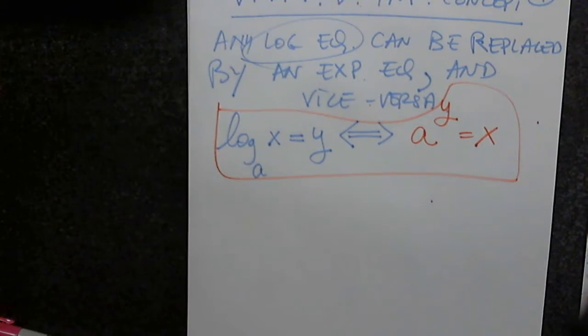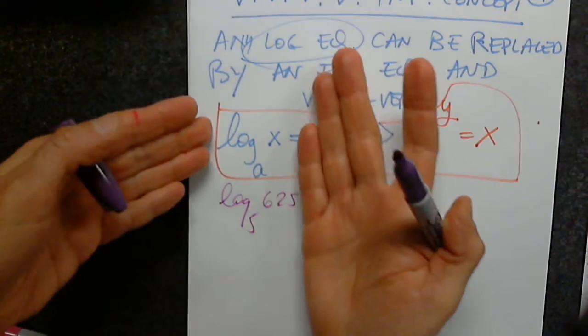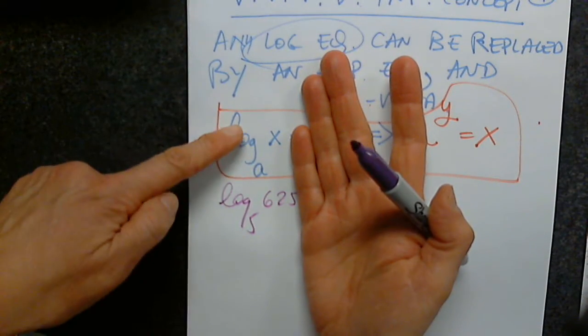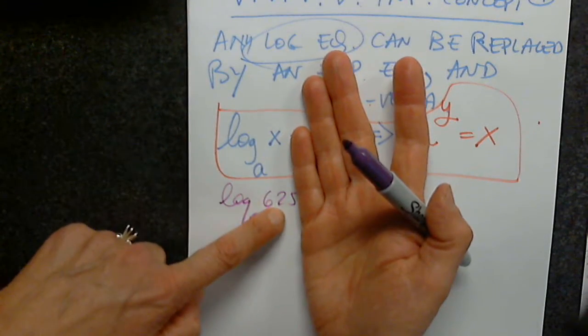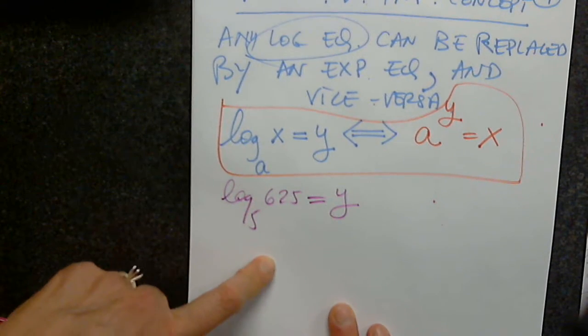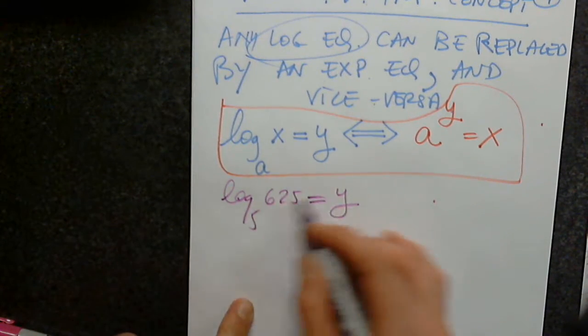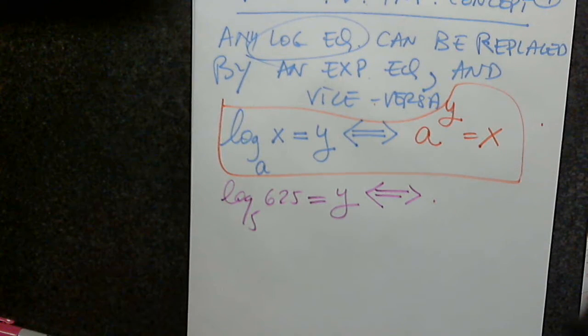So, I apply log base 5 of 625, and this is this side. Log, base 5, the number is 625. I am going to say that this is y. I don't know what it is. I don't know how to solve this, but I know it's equivalent to, and please dictate. Change this log equation into an exponential equation and tell me how to write it.